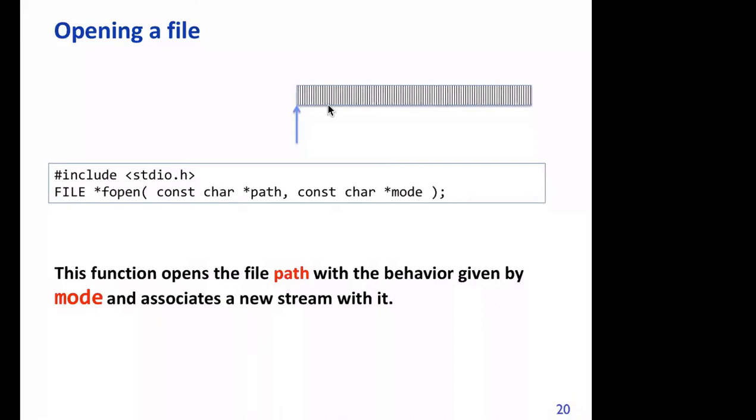This function opens the file, and the behavior is given by the mode, and associates a new stream with it. It is nothing but an identifier, an integer number and so on.